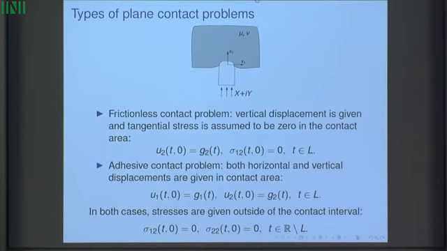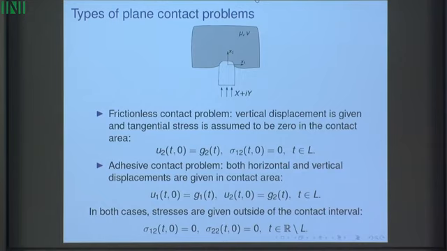For frictionless contact, it's assumed that we know the vertical displacements and the tangential stress is 0 in the contact zone. And outside the contact zone, we just assume 0 stresses. For the adhesive problem, the material sticks to the indenter, and you know both horizontal displacement and vertical displacement. So those are the two main types of problems here.